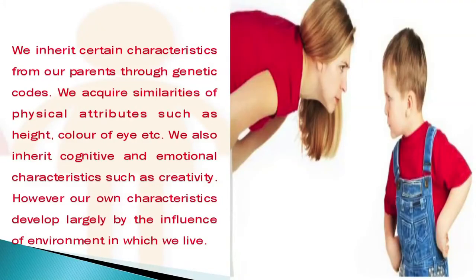We acquire similarities of physical attributes such as height, color of eye, etc. We also inherit cognitive and emotional characteristics such as creativity. However, our own characteristics develop largely by the influence of the environment in which we live.